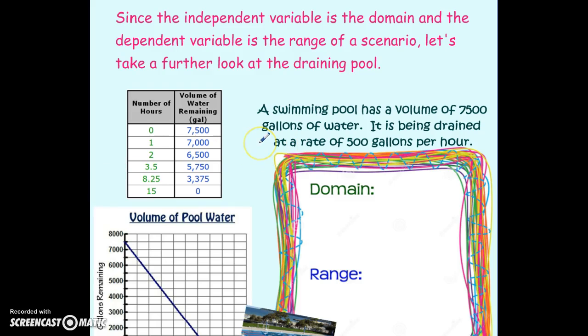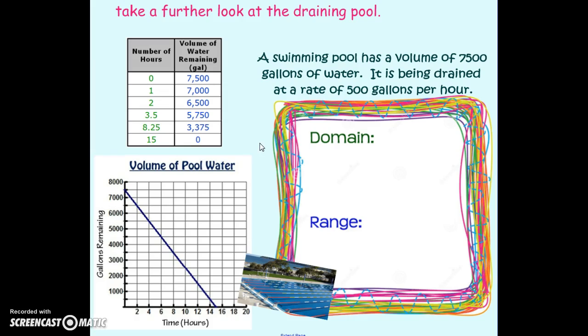So in this case, the domain and range are written just slightly different. I don't want to write down every single number between 0 and 15: 3.5, 8.25, every single decimal, every single fraction, that's silly. So the domain and range is written as inequalities. 0 is the smallest number it could be.